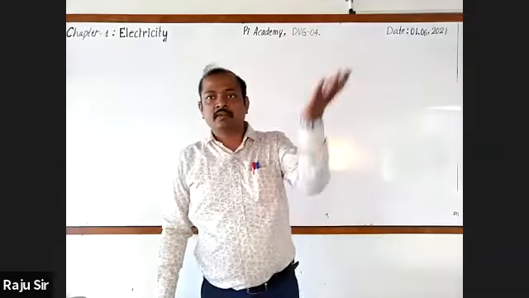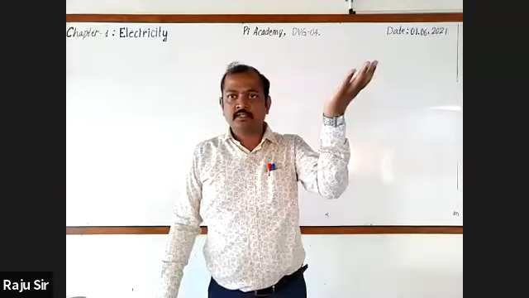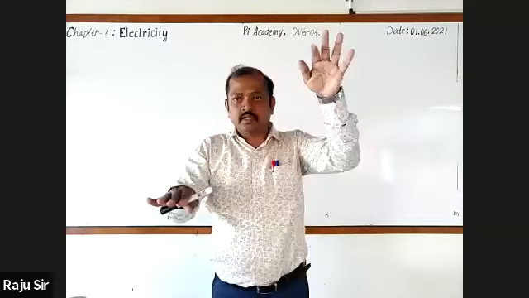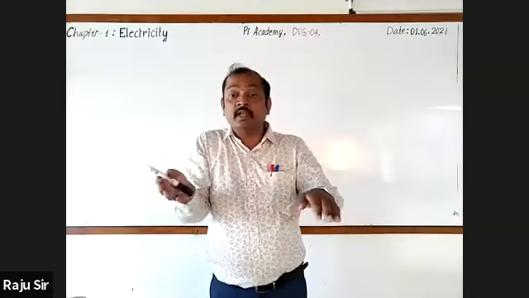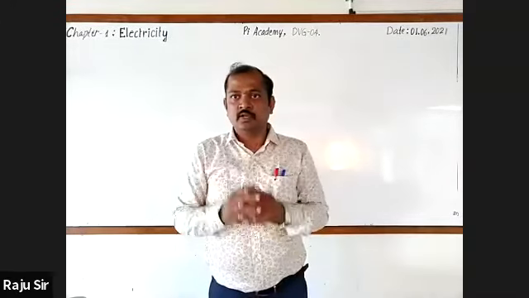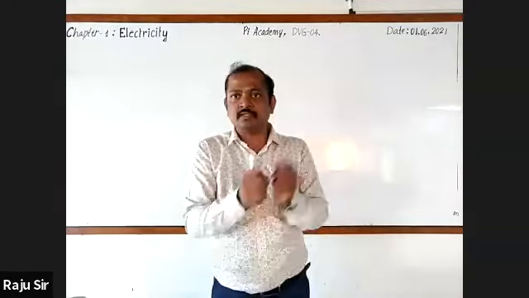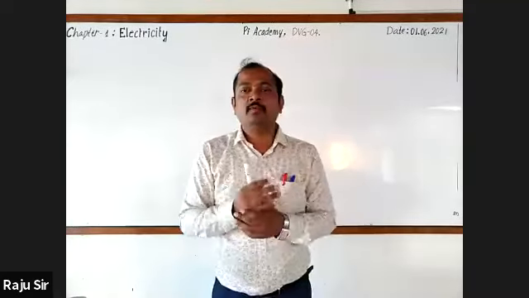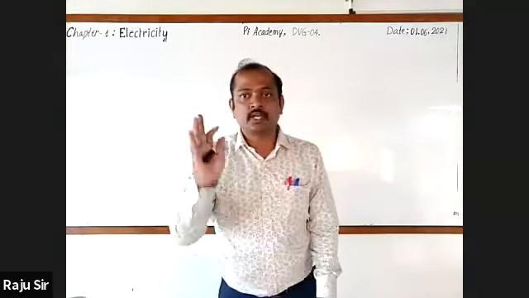As the electric resistance increases, electric current decreases. As electric resistance decreases, electric current increases. To change the current, we can change the electric resistance. To change electric resistance, we use a component called variable resistance. For this purpose, we use a device called rheostat.